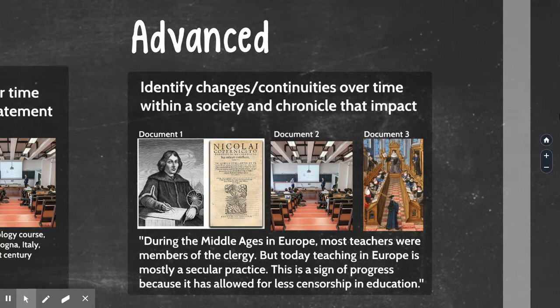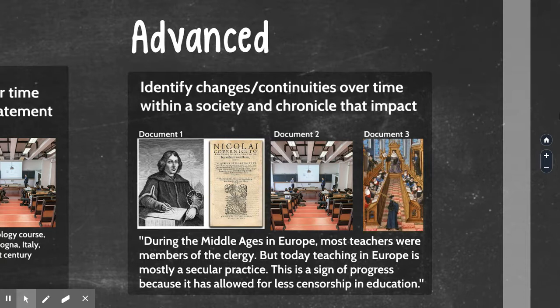And the document that should point students towards this concept of censorship in education during the Middle Ages is Copernicus's book, which taught of a heliocentric solar system, which was censored by the church, but would not be today in modern education. And that is a sign of progress. Basically, allowing science to evolve is a sign of progress.